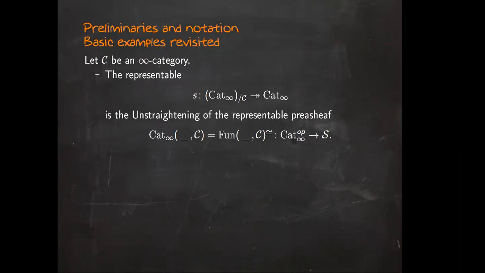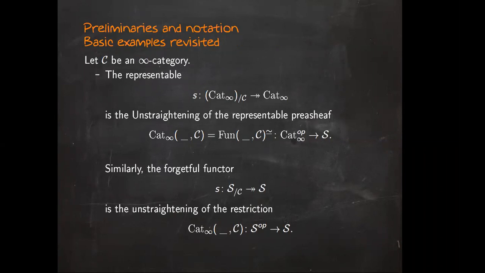The Hom spaces between two infinity categories are defined, at least in Lurie's book, as functors, and then we take the core of that in order to obtain a space, right? It's an infinity one category, so it should be enriched in spaces. Yeah, and the straightening is just the representable right fibration over Cat infinity represented by C.